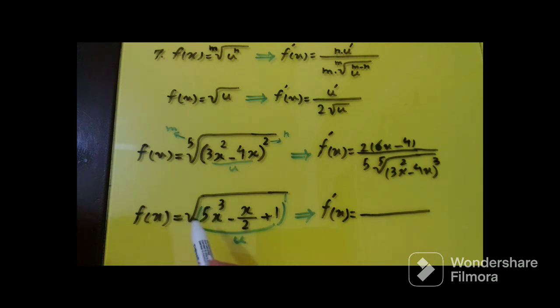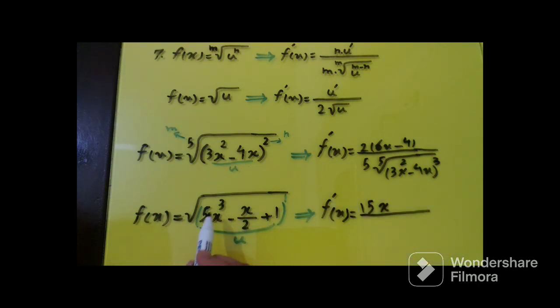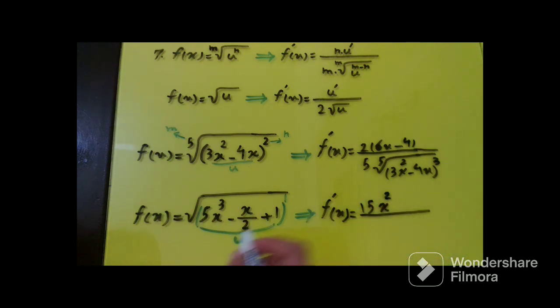This term is power rule. So first bring the power down and times a coefficient and put it next to the x. It's 15x. Now reduce the power by 1. The power is 2.